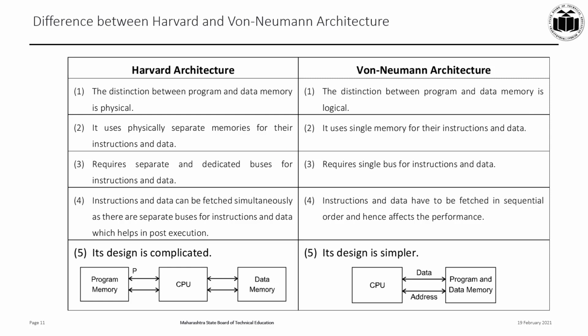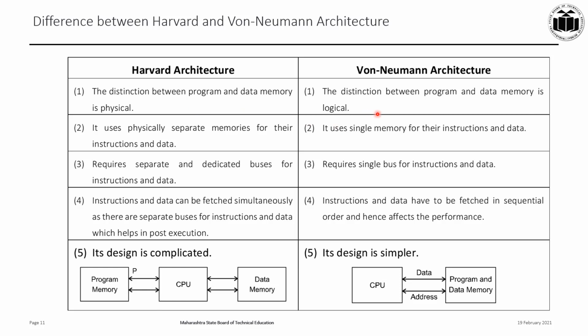Let's now compare the Harvard and the Von-Neumann architecture. As you can see here, there are physically separate memories for the instruction and data, which can be seen in the diagram. Whereas in case of Von-Neumann architecture, there is a single memory for both program and data. Because of this, in Harvard there is physical separation of program and data memory, as two separate ICs are used for ROM and RAM.